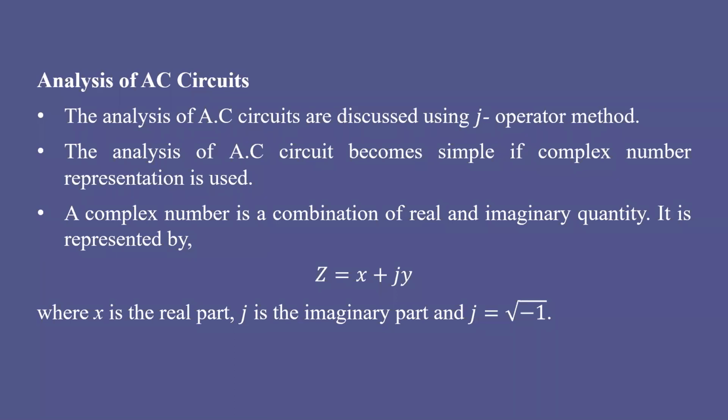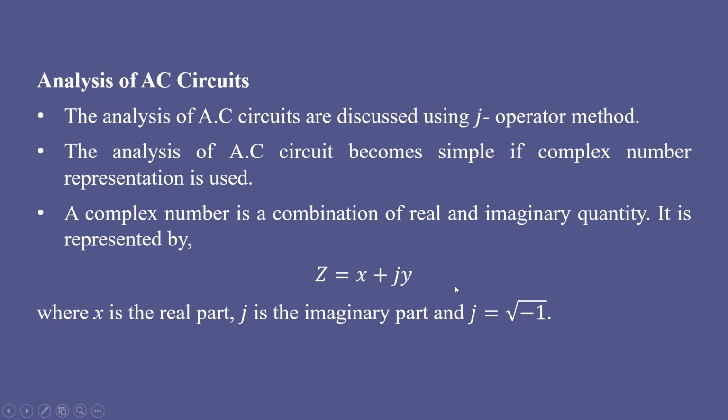You might have taken iy, but here I will take jy, where j is the complex operator. The quantity which is combined with j is called the imaginary part. So x is the real part and y is the imaginary part.